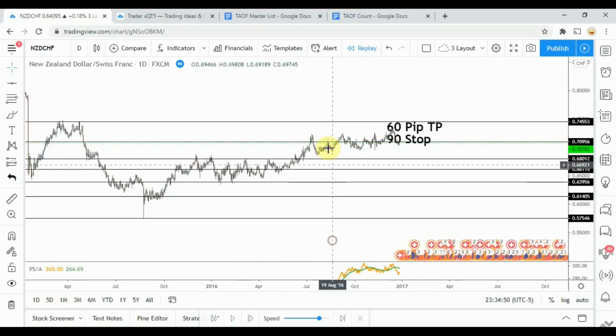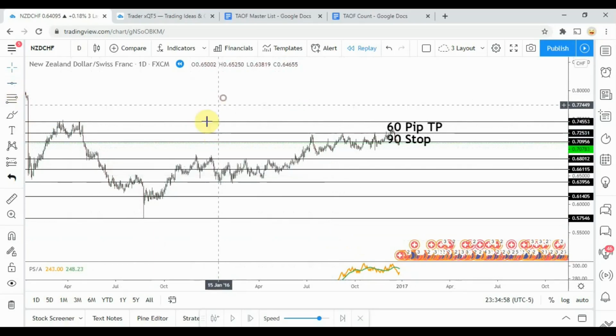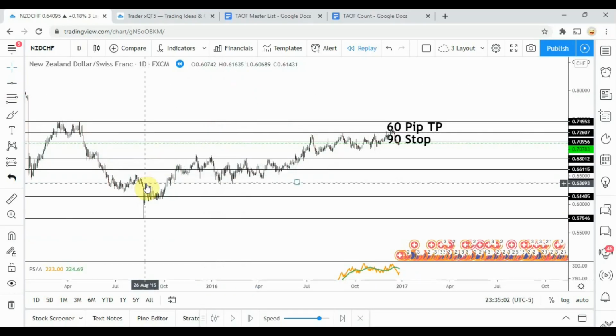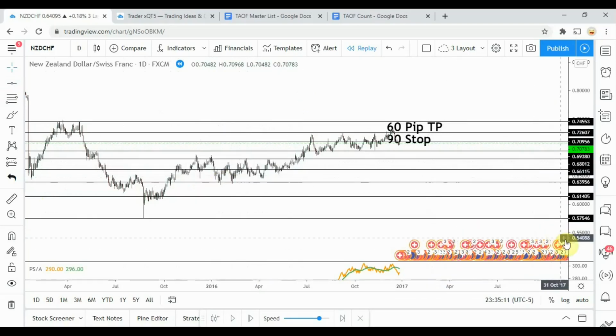Now, some of these levels are a little bit more spread out than others, so on this top level right here, I might go ahead and drop one almost in the middle, kind of right there, and then here on this one, drop one about right there.